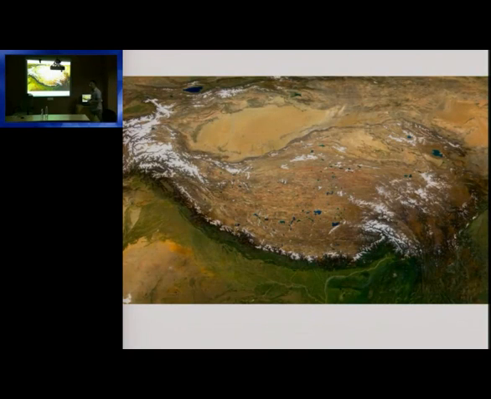When there is an anticyclone in the northern part of the hemisphere, what is the direction? That is clockwise. When there is clockwise, see, this is the Tibetan Plateau. This is the Himalayan region. Okay, this is India.